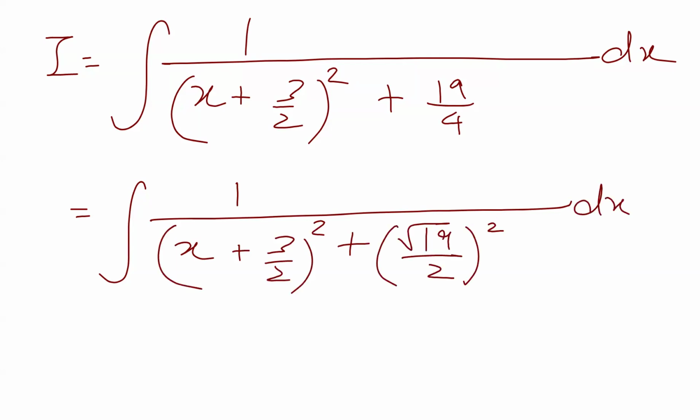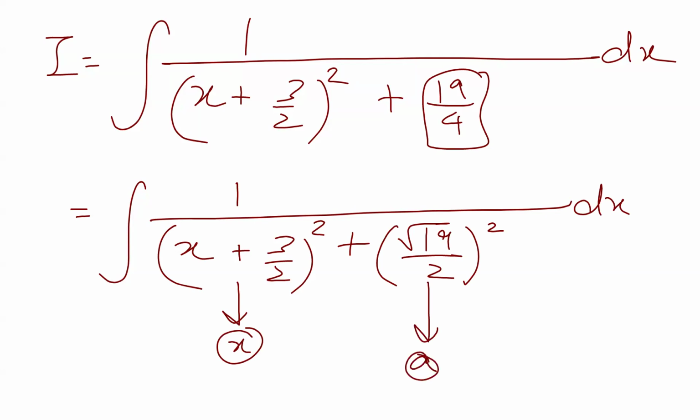Express this as a perfect square. Now this inside term, x plus 3 by 2, is a linear algebraic term, not a problem for us. And this is a. So we can compare this with 1 upon x square plus a square, which is 1 upon a tan inverse x by a plus c.